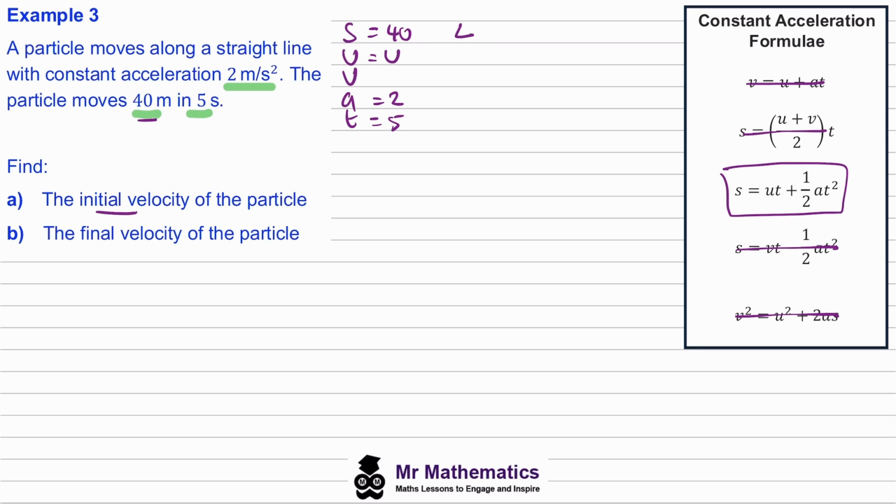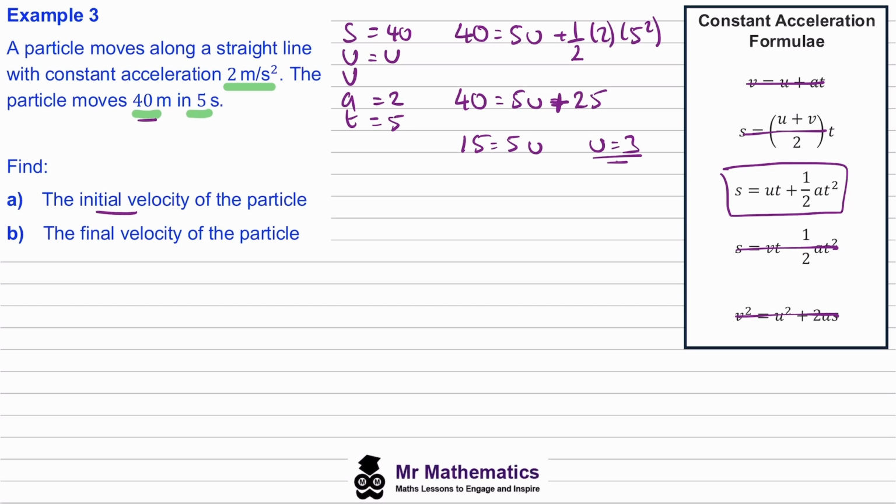So the displacement will be ut plus 1/2 of a times t squared. We can tidy this up. We'll have 40 will equal 5u plus 25. So 15 will equal 5u. u must equal 3.